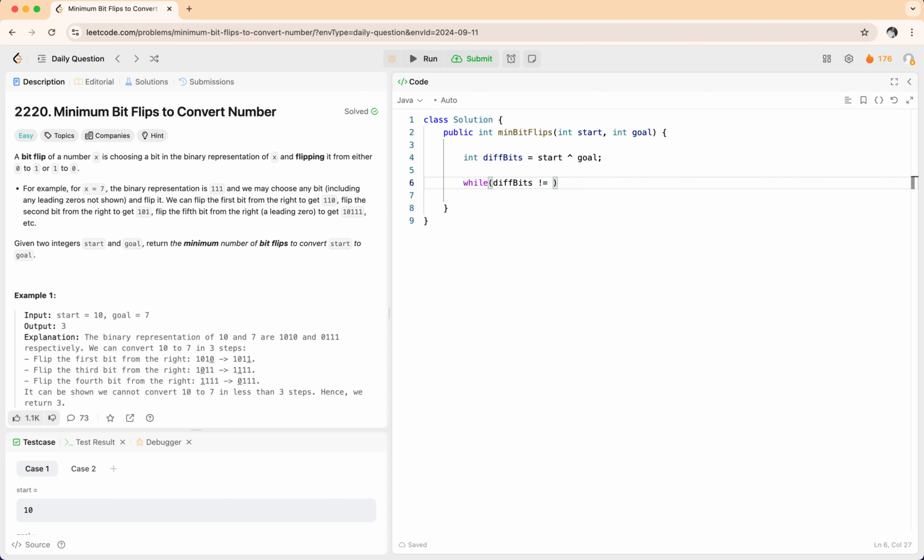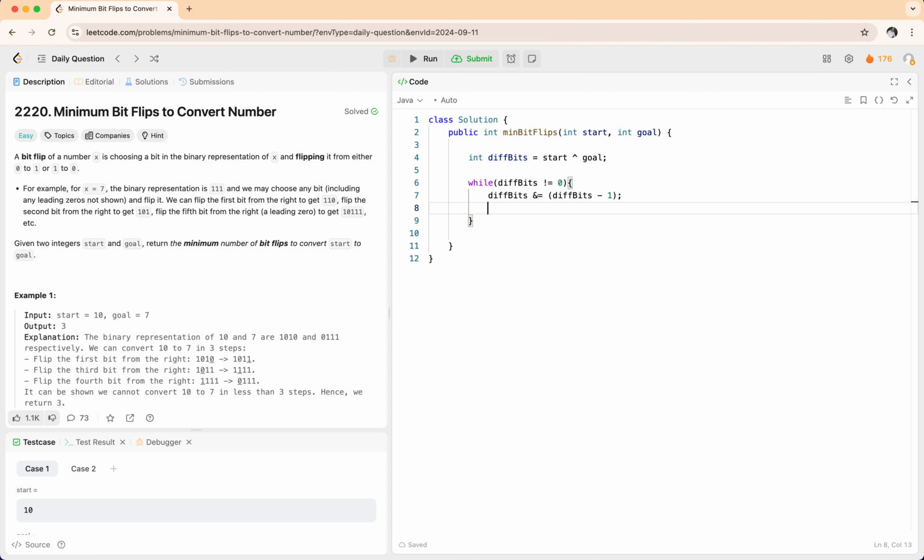So we start a while loop, and in it we set diff bits equal to diff bits AND diff bits minus 1, saving that value back to diff bits. We also initialize a counter, so that we get a count of how many times this operation happens. We increment the count each time, and then return this count.